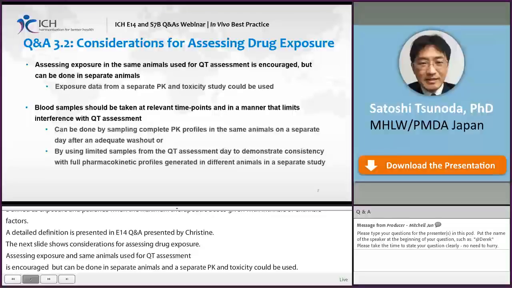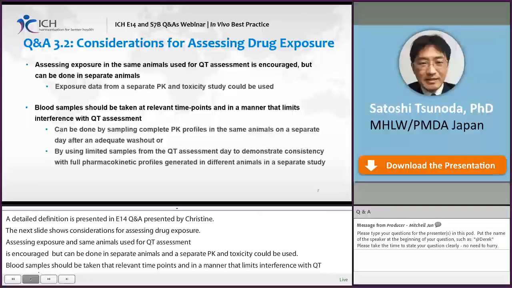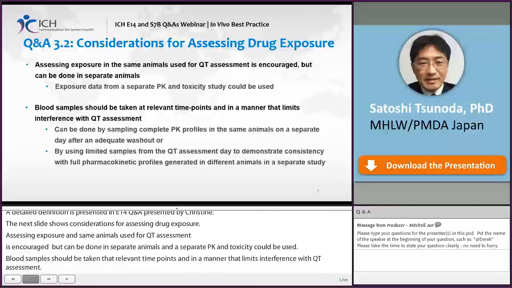Exposure assessment can be done by sampling a complete PK profile in the same animals on a separate day after an adequate washout, or by using limited samples from the QT assessment day to demonstrate consistency with the full pharmacokinetic profile generated in different animals in a separate study.